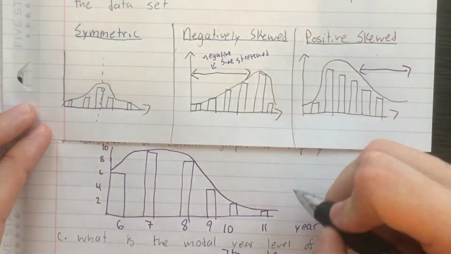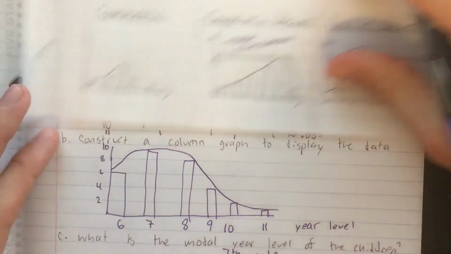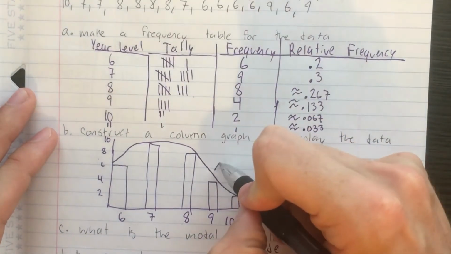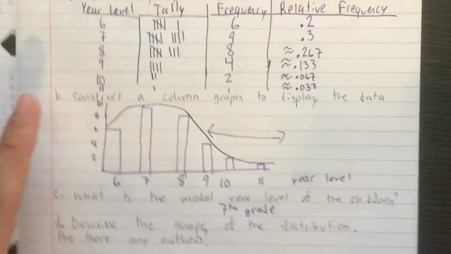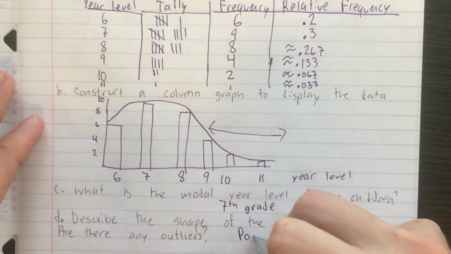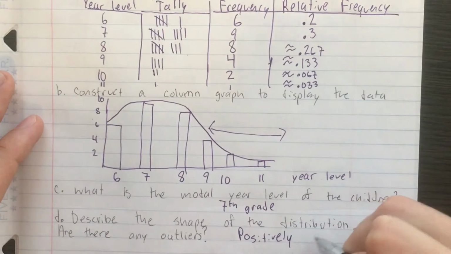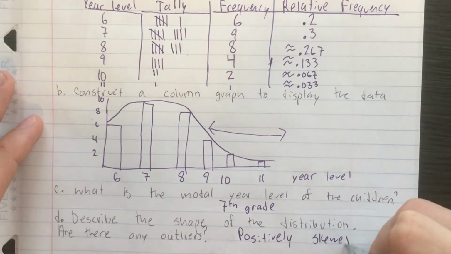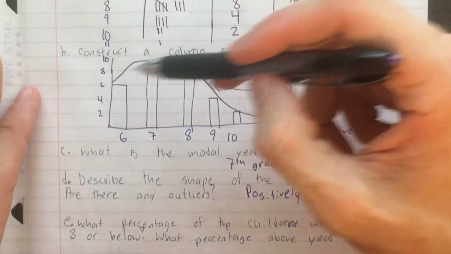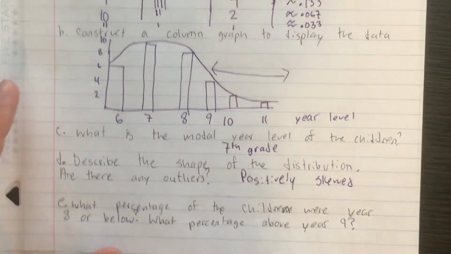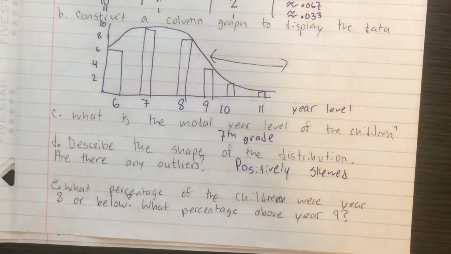And to me, that looks like it is positively skewed. We've got this part stretched out here. So we're going to say it's positively skewed. And with all this data being clumped together, it doesn't look like to me that there are any outliers.